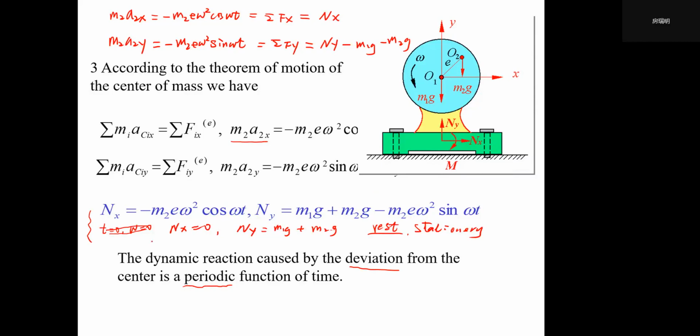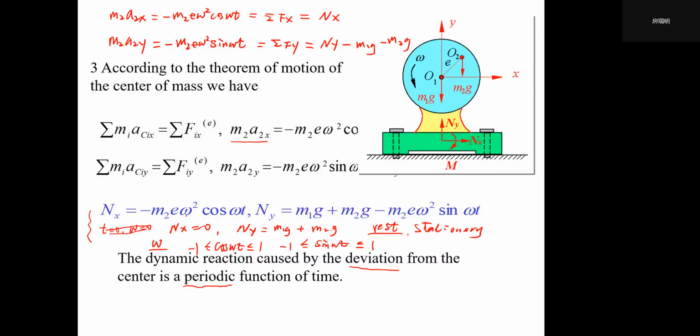When there is an omega here, nx will be this, and ny will be this, and you can find that because it has cosine omega t and sine omega t, both will be less than 1 and greater than minus 1.